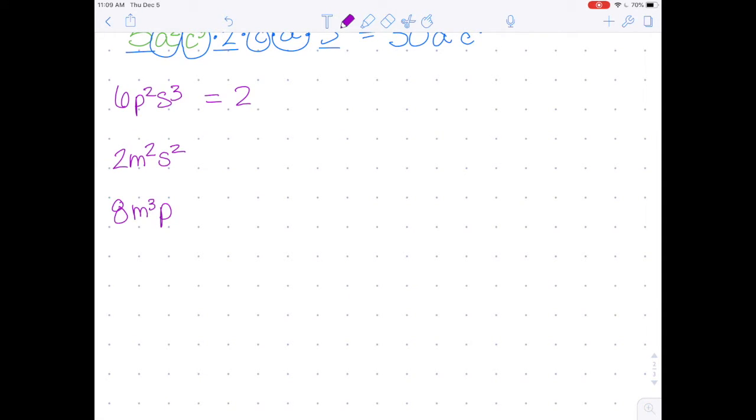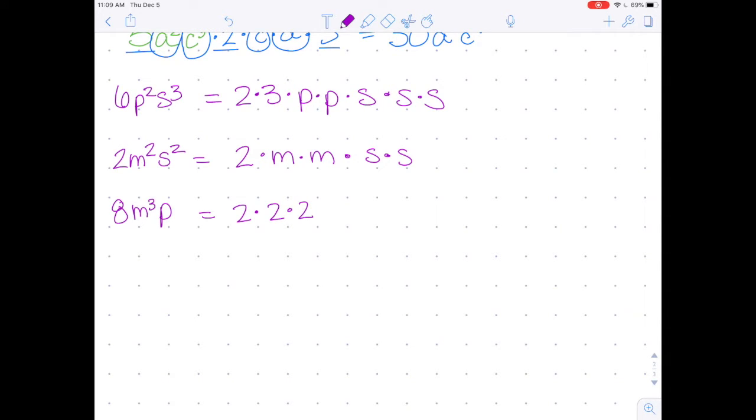Well, 6 is 2 times 3, and we need 2 p's, 3 s's. 2 is just 2, and we need 2 m's and 2 s's. 8 is 2 times 2 times 2, and we need 3 m's and 1 p.